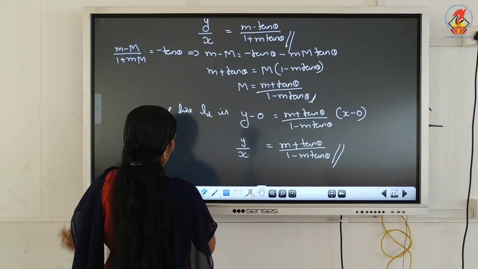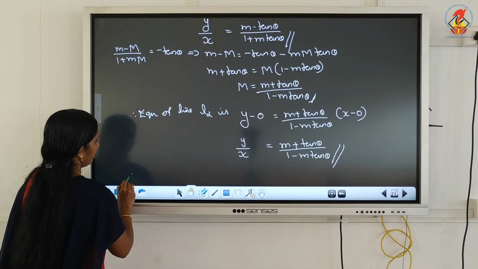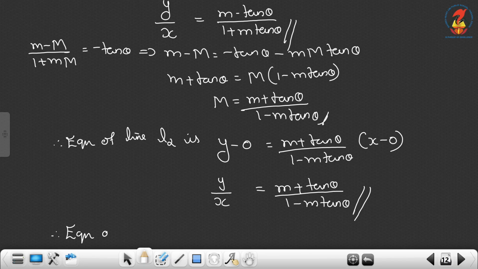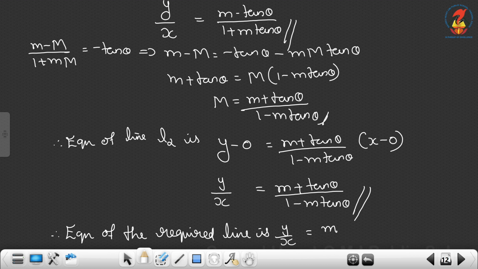Therefore, the equation of the required line is y by x is equal to (m plus or minus tan theta) by (1 minus or plus m tan theta).